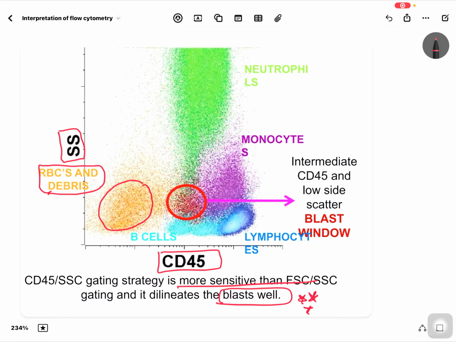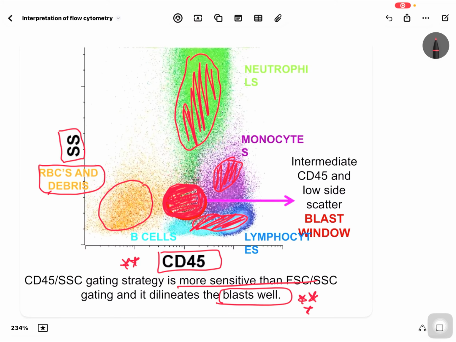The plus point here is that it tells you about the blasts. Then moving on, we have lymphocytes, then monocytes, and then neutrophils. So whenever CD45 is given, we have to check if the blast population is present, then check the lymphocyte population, followed by the monocyte population and then the neutrophil population.